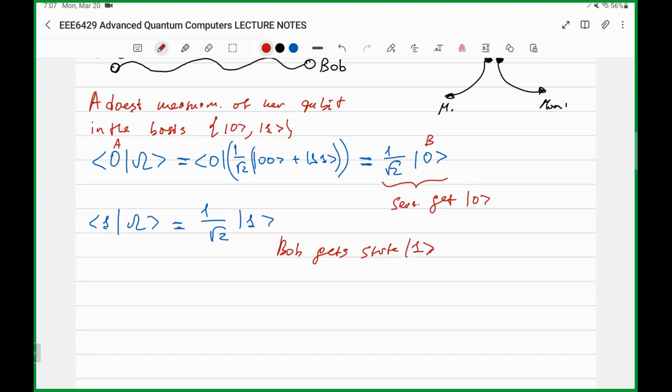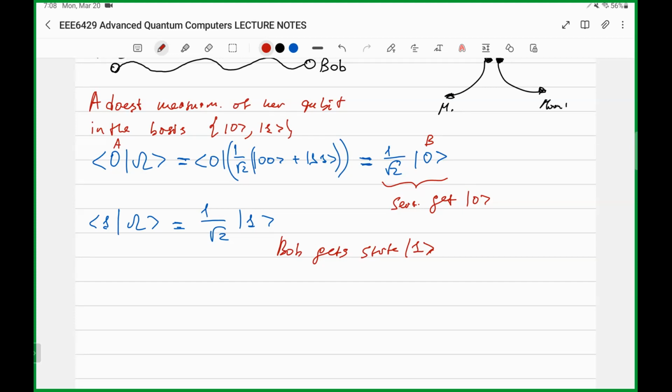Bob doesn't know the result of his measurement because he doesn't know what Alice gets in her result. But when Alice does her measurement and, for example, gets 1, then she knows with 100% certainty that if Bob measures his qubit, he will get the same state 1 and never get state 0.